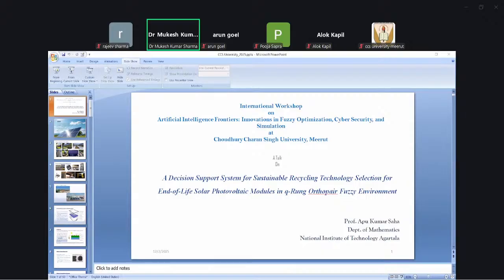Now evaluate the negative ideal solution and positive ideal solution. Any idea what the negative ideal solution and positive ideal solution are? Who is working in MCDM? What is negative and what is positive? Based on all criteria, the worst result is the negative ideal point, and the best result is the positive ideal solution.